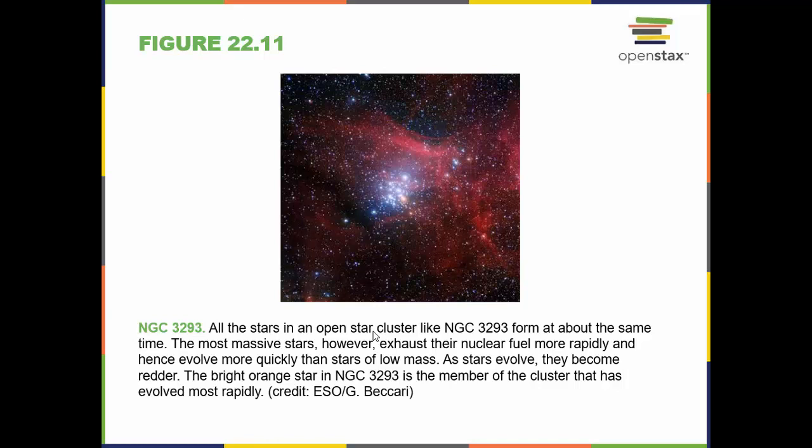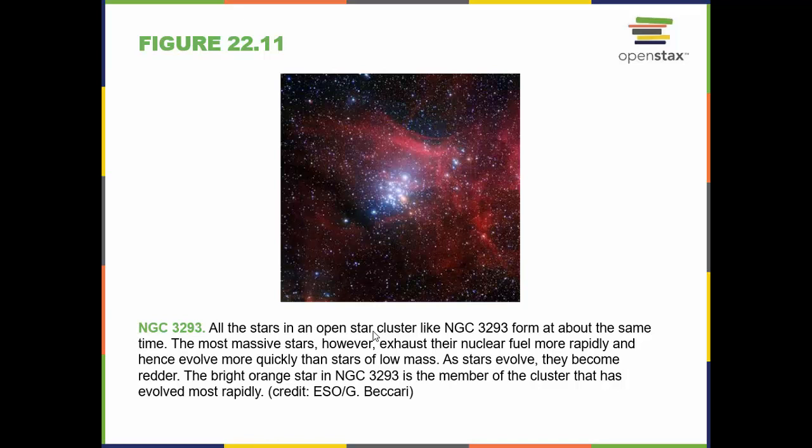Right, so the lifetime of these stars and how long they spend on the main sequence depends not on how much fuel they have, but on how fast they're burning the fuel. So you can think of it as, for instance, if you fill your tank with gasoline, right?